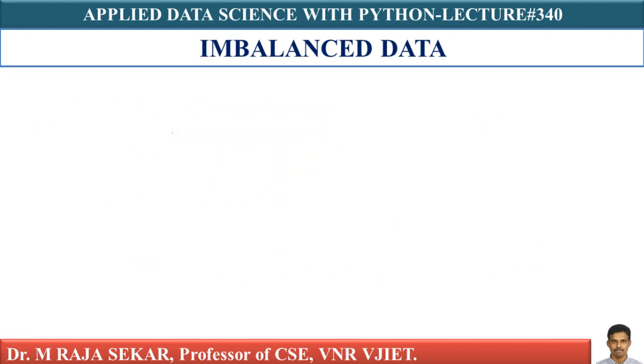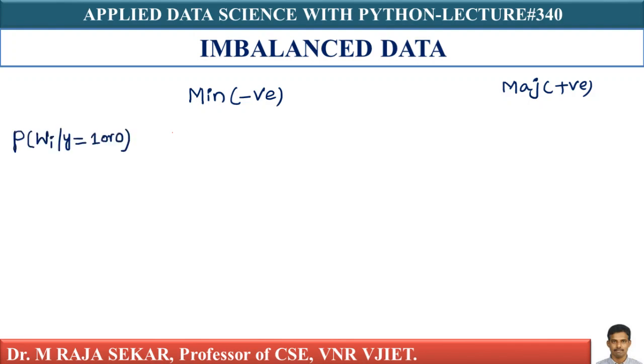We will try to understand this with a simple example. Let me say the negative point class is the minority class and the positive point class is the majority class. Now I have to calculate probability of Wi given y equal to 1 or 0. Let me say for the minority class, my numerator is 2 and denominator is 100. For the majority class, numerator is 18 and denominator is 900.